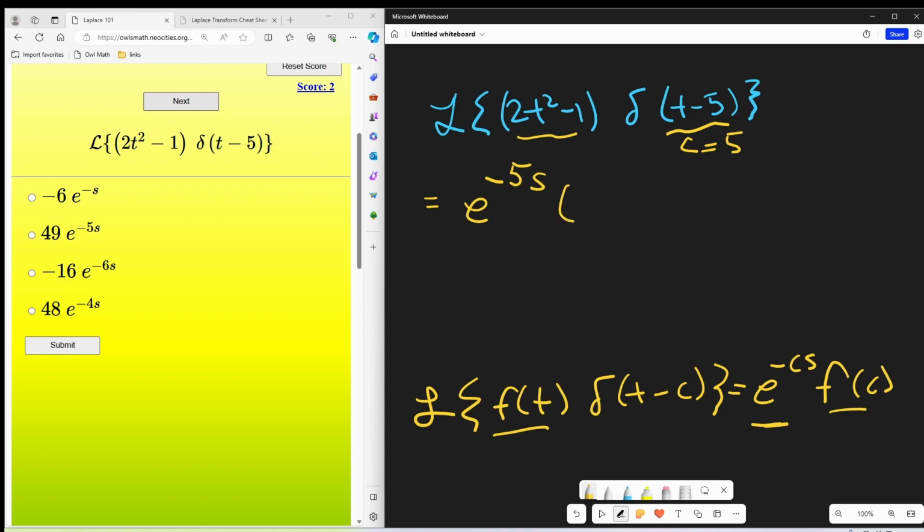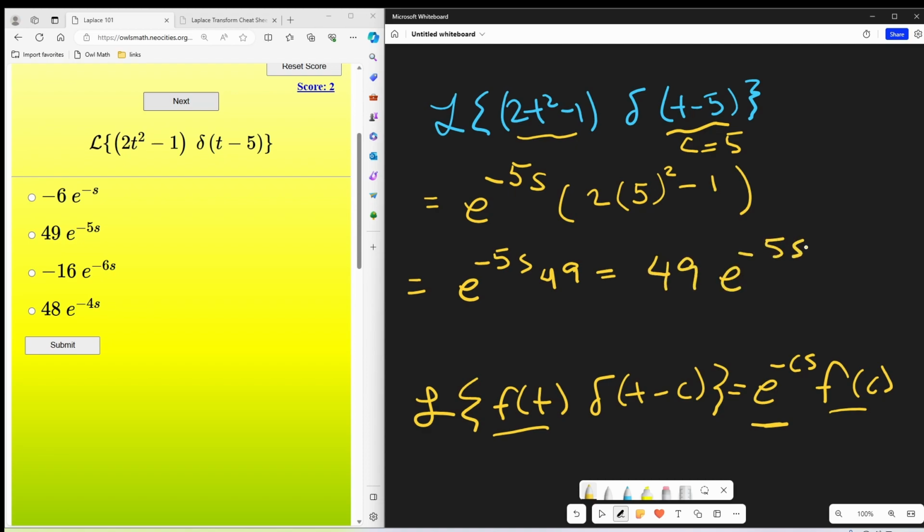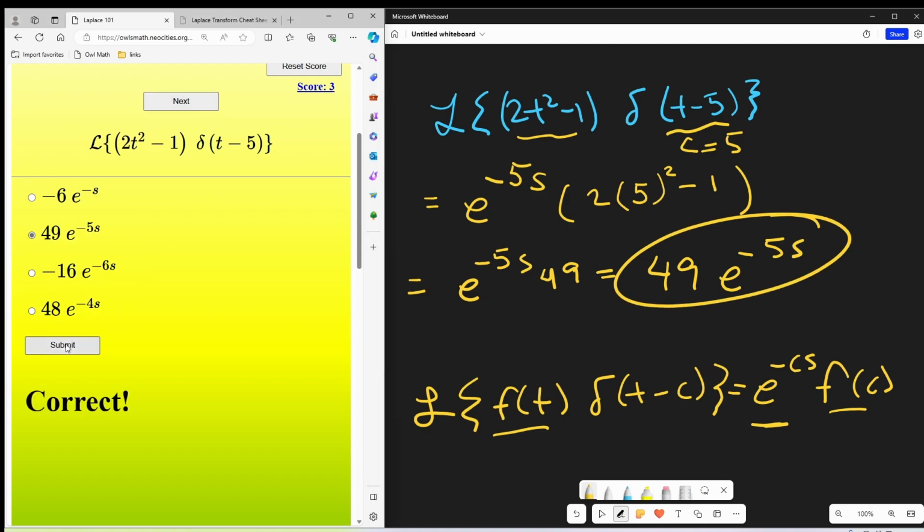So this is going to be 2 times 5 squared minus 1. 25 times 2 is 50 minus 1. So this is going to be just 49. I want to write it in the right order, so let's write it as 49 times e to the minus 5s. Come over here. That's correct.